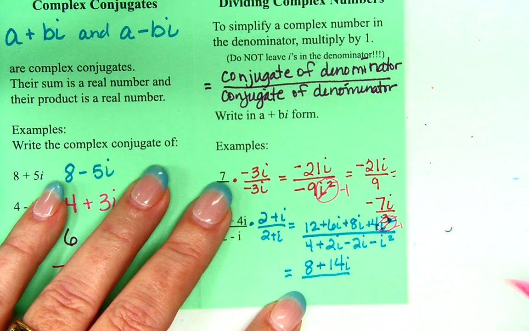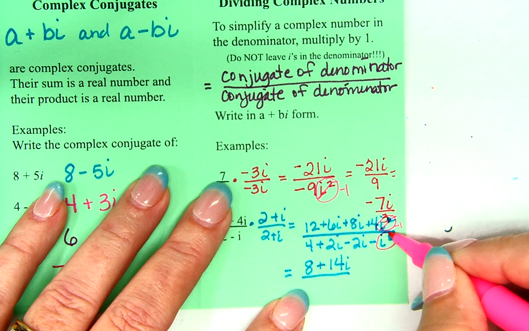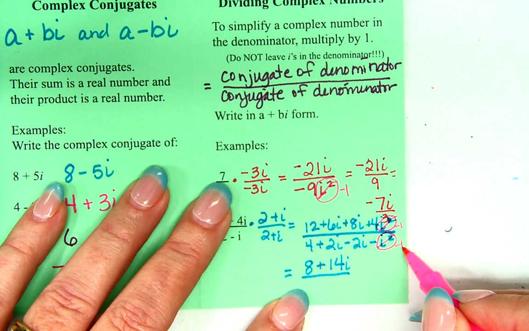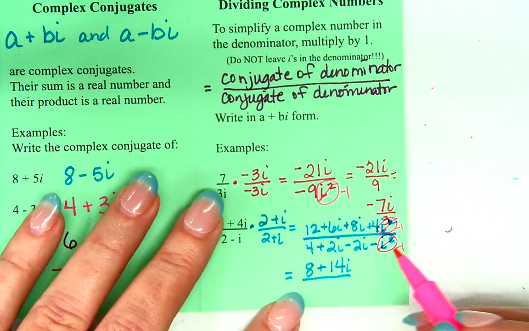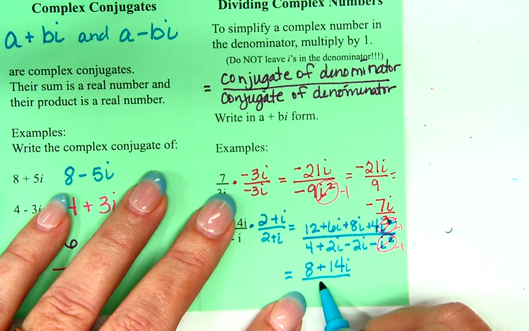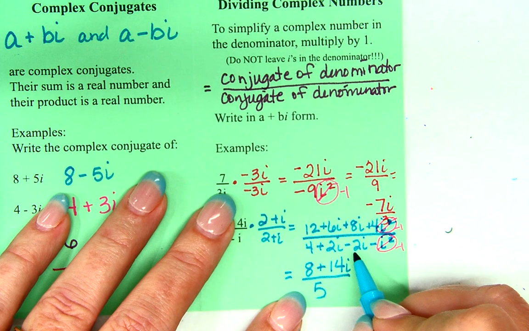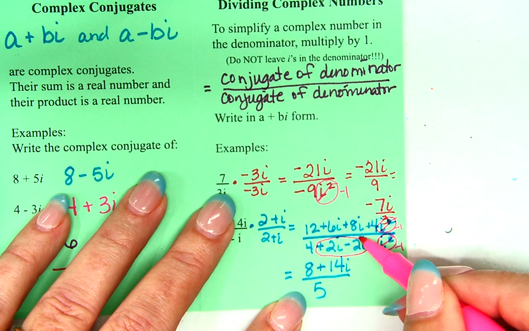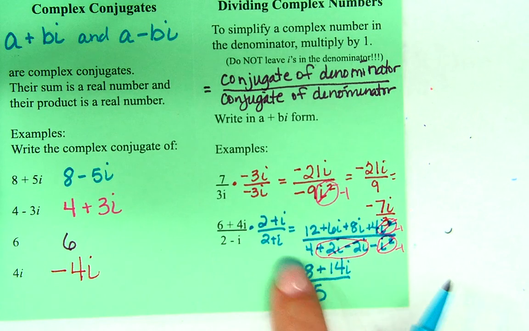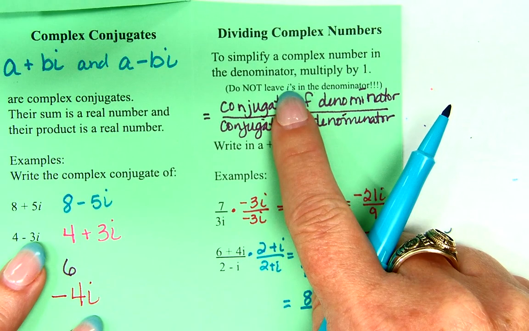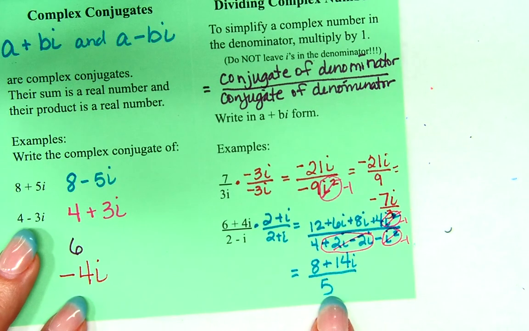And then in the denominator, I have right here a negative 1, so it just makes it 1. It's not i, right? And I have a 1 and a 4. 5. And then I have a 2i minus 2i. Yeah, that's 0, right? Now, isn't that what I needed to happen? Yeah. That's why I chose the conjugate, because I needed that to be gone, because I'm not allowed to have i's in the denominator, right? Okay?